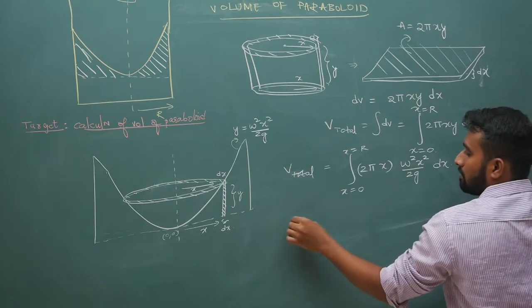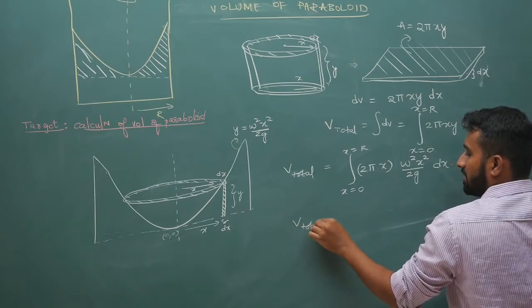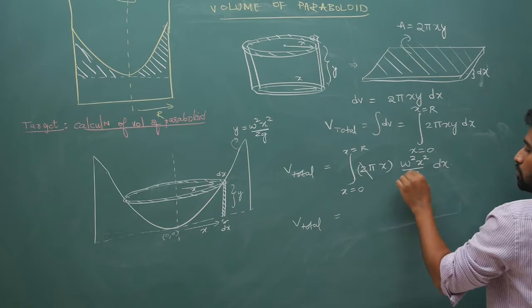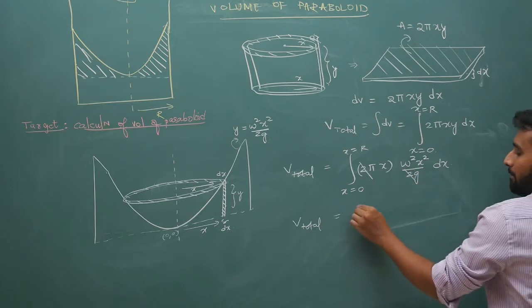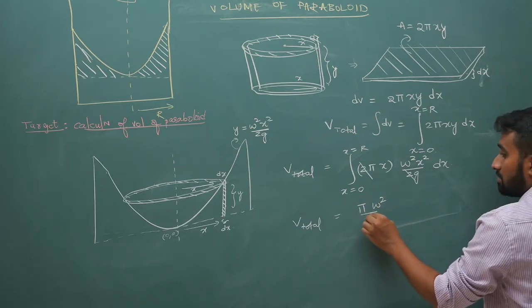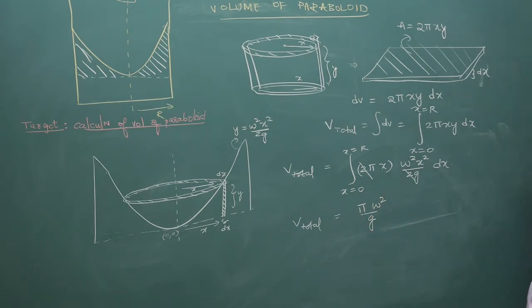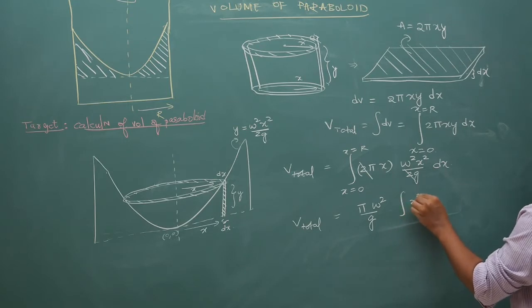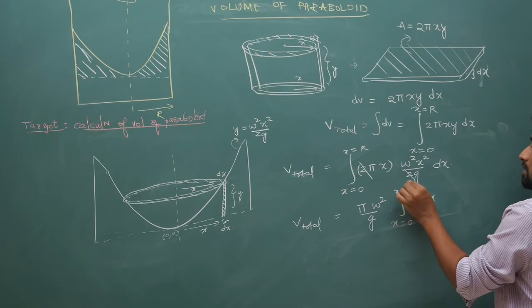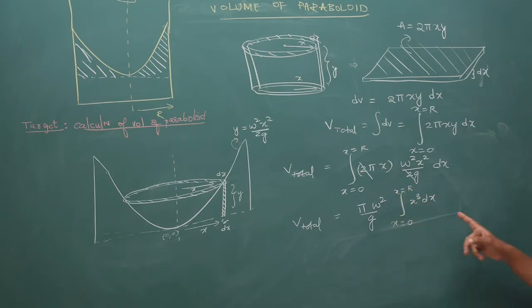Your total volume of paraboloid is, constants I will take out of the integral, 2 will cancel off, pi omega square by g times integral of x cube dx from x equal to 0 to x equal to r. What is integral of x cube?